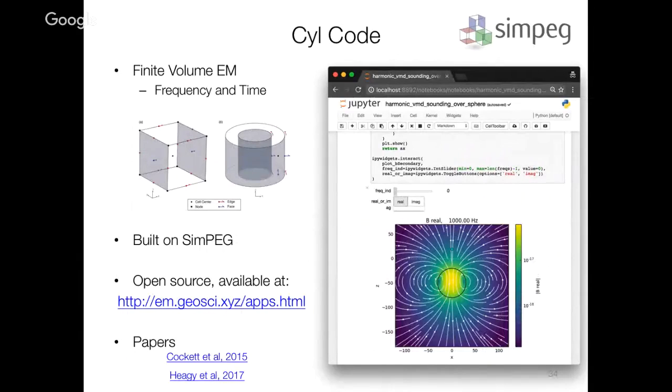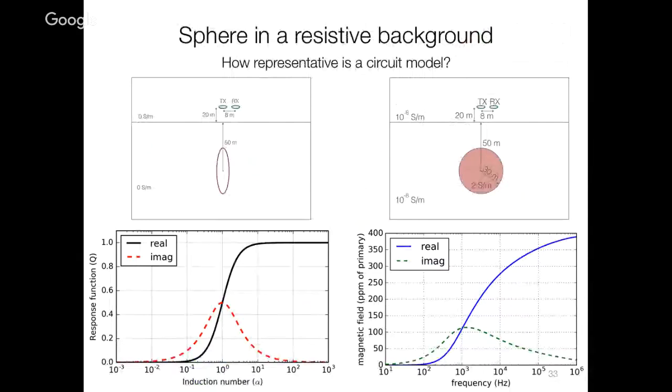We have provided, as part of the open source resources that we have, code. This is primarily the work of Lindsey and other people at UBC, and it works in a two-dimensional cylindrical system, so it can model anything with that symmetry.